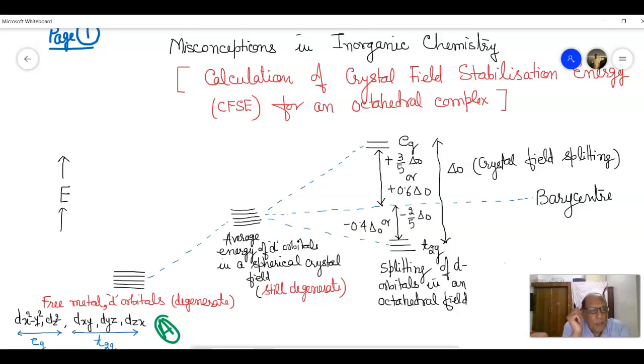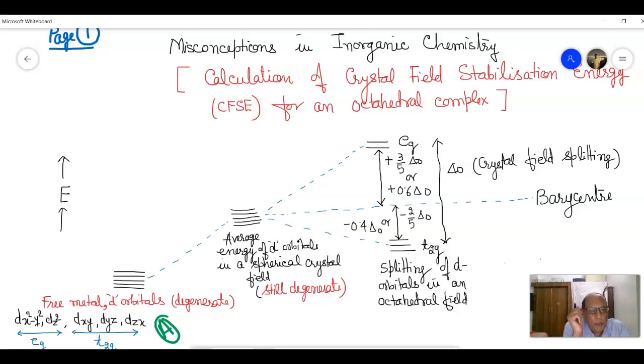Similarly, dxy, dyz, and dzx orbitals are called planar d orbitals. Their lobes lie between the axes, and on account of symmetry, they are represented by the symbol T2g.